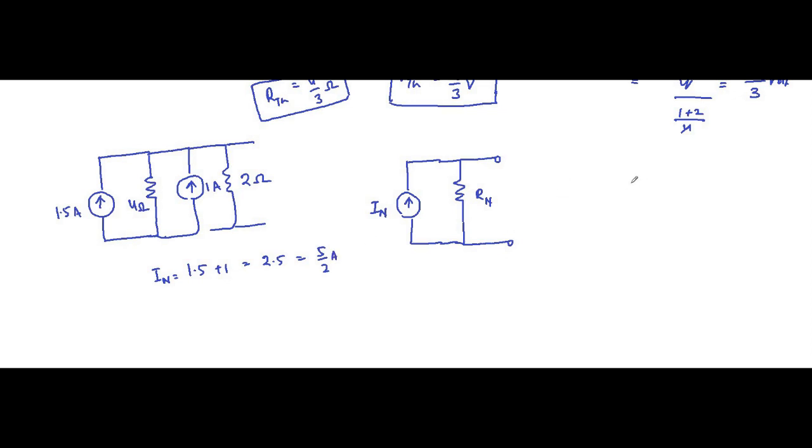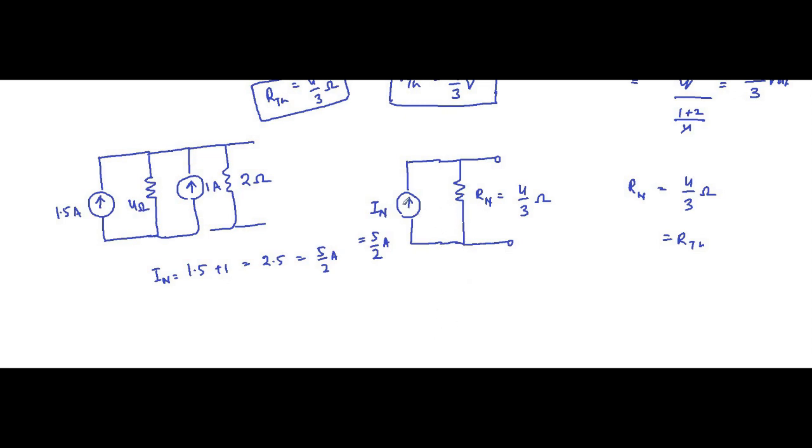RN will be the usual, equal to 4 by 3 ohm, equal to RTH, because they are calculated the same way. So IN is equal to 5 by 2 ampere, RN is equal to 4 by 3 ohm. Suppose you have to convert this Norton equivalent circuit into the Thevenin form.